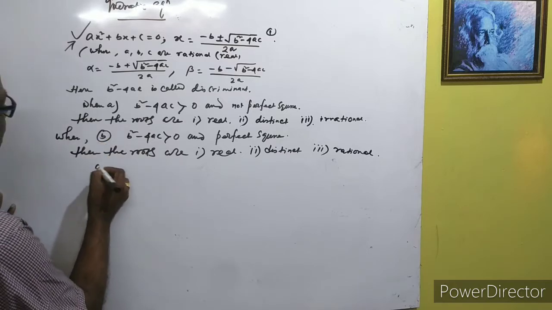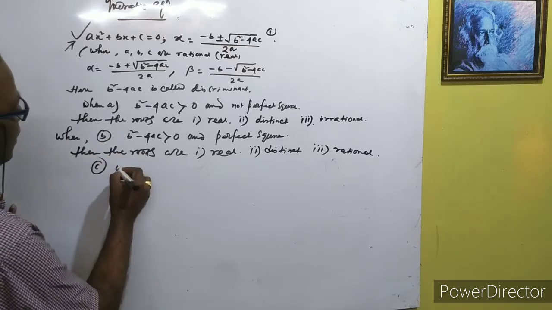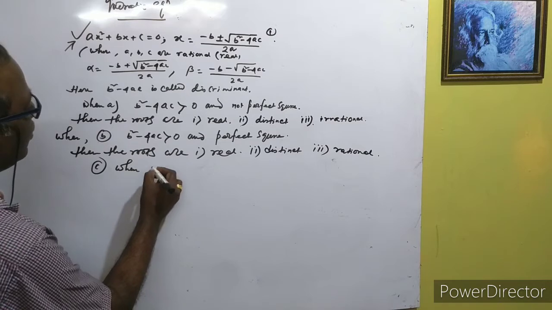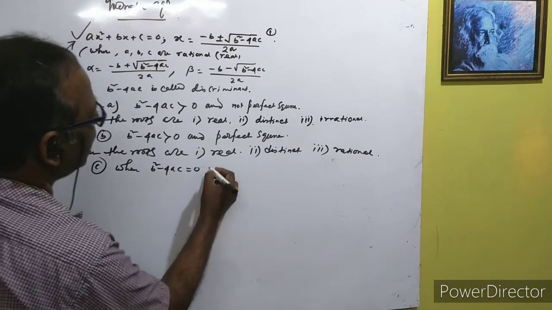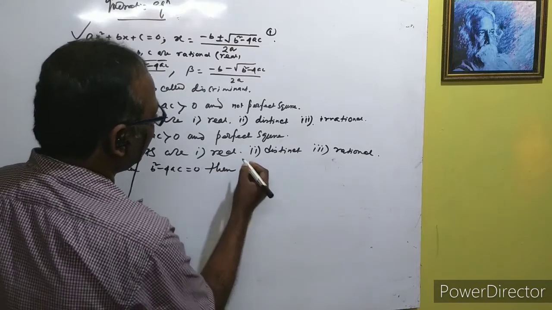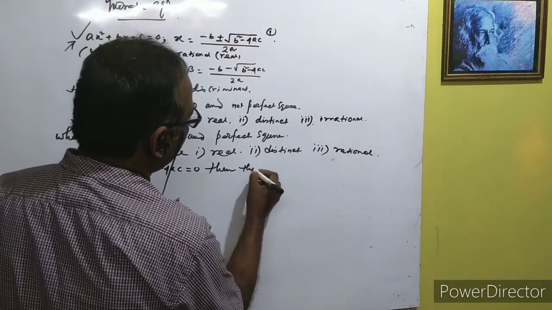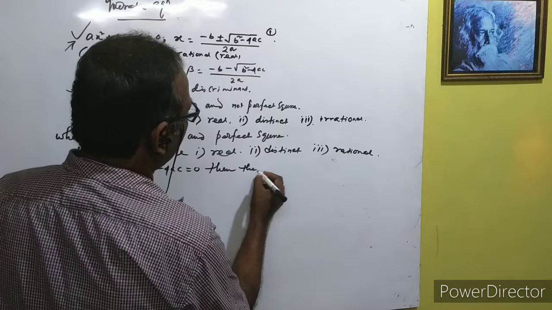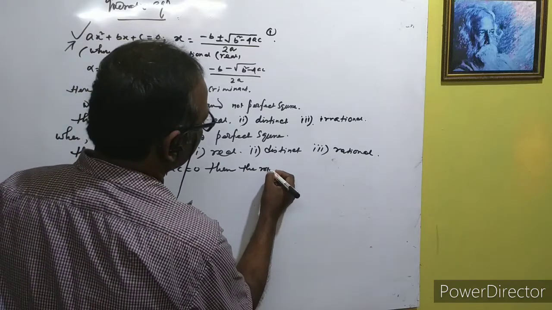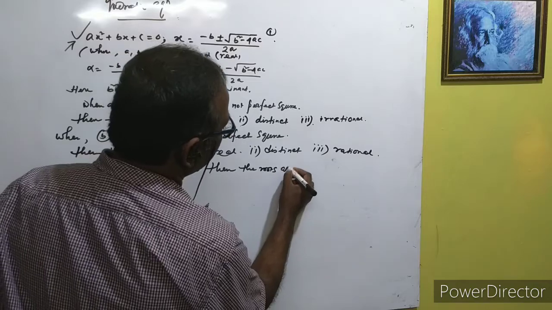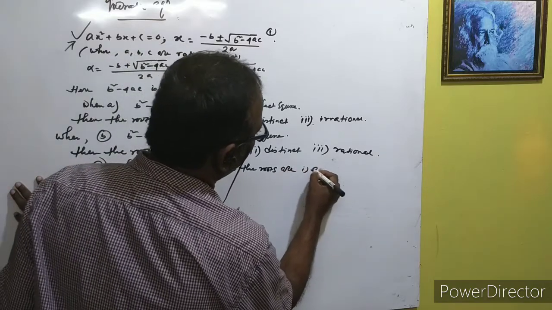And now see, when b square minus 4ac is equal to 0, then the roots are, number 1 point, equal.